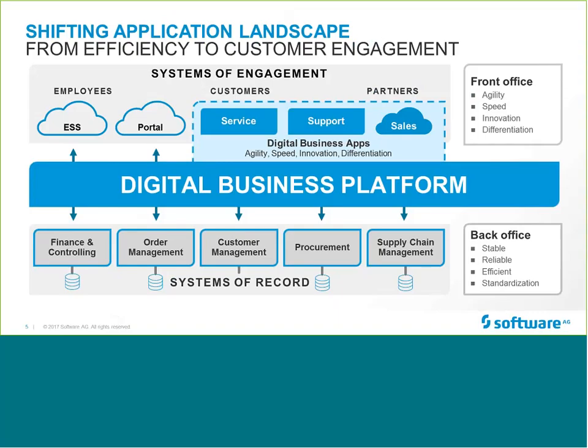So what is the whole engagement platform and the shifting application landscape? If we look at where our DBP fits, we have a lot of connectivity into the back office. And typically, if you look at your back office systems, which are your ERPs or order management, their capabilities and characteristics are pretty stable, efficient, and standardized.